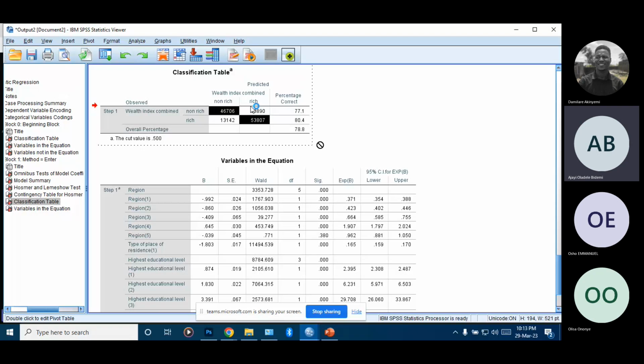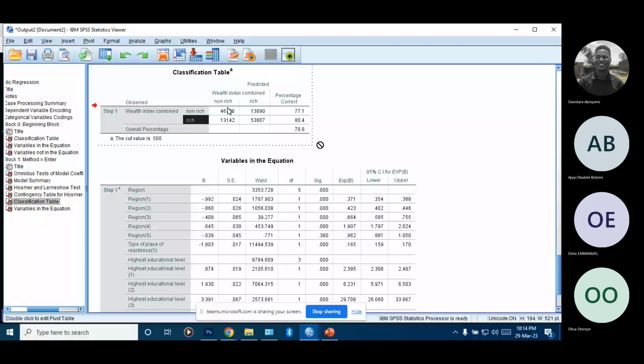Our model predicted this number of respondents to be not rich, and in actual sense they are not. And it predicted these people to be rich, and in actual sense they are rich. Now, these are our correct predictions.